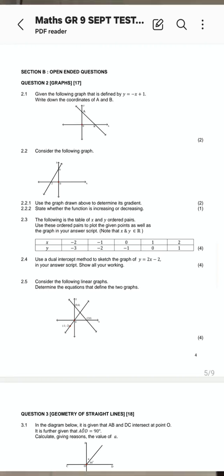So hopefully we all know how to use our table to formulate ordered pairs.